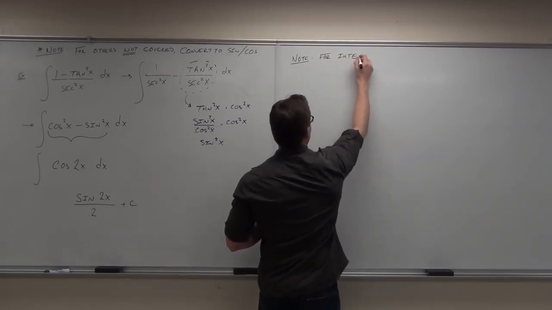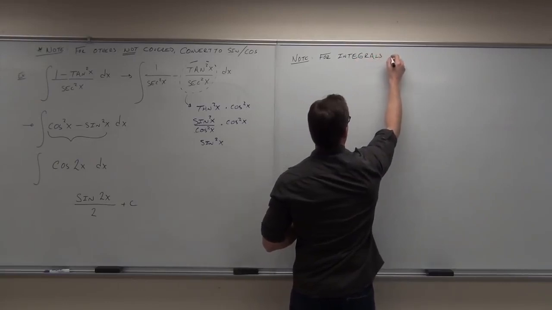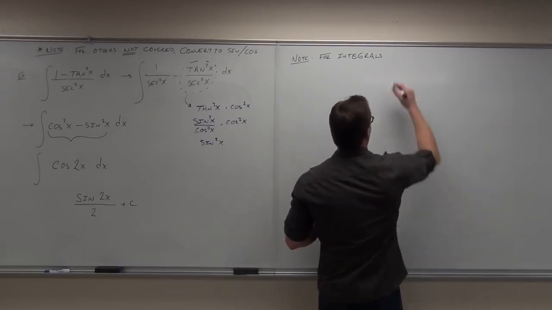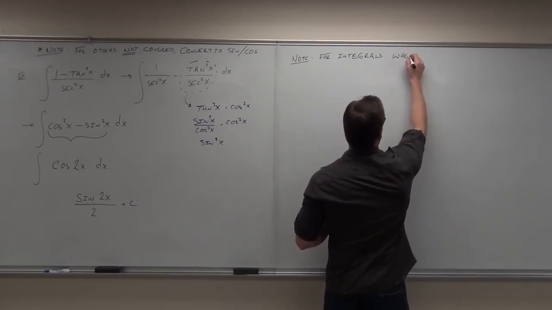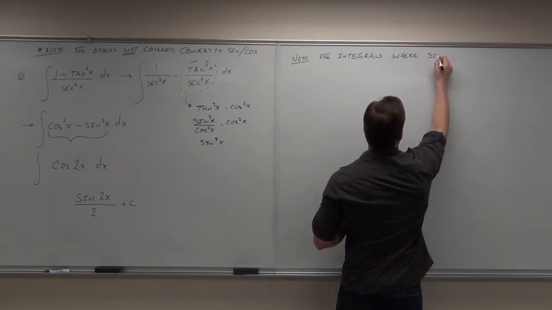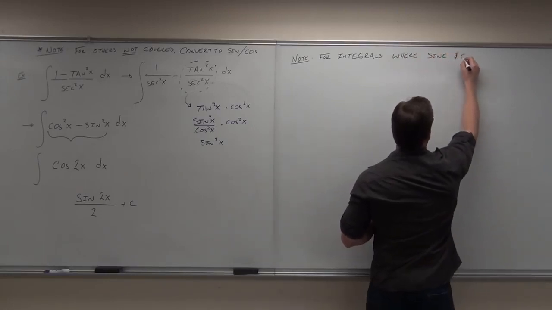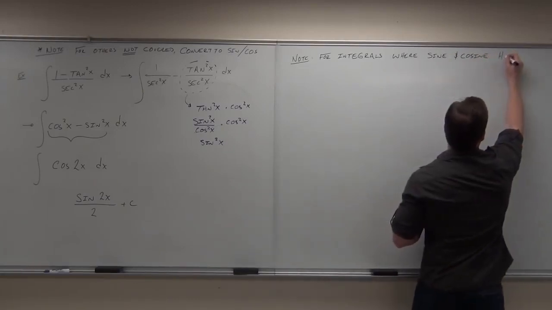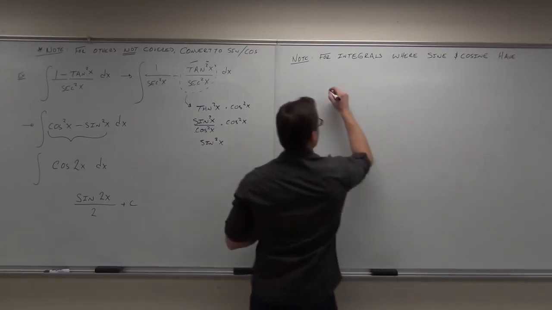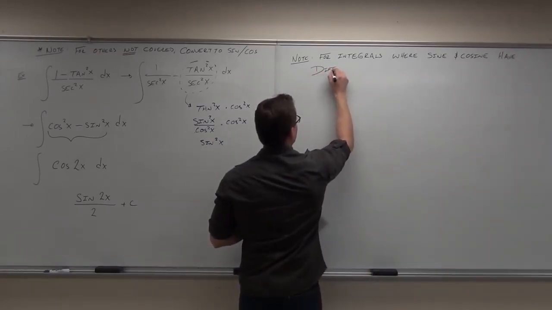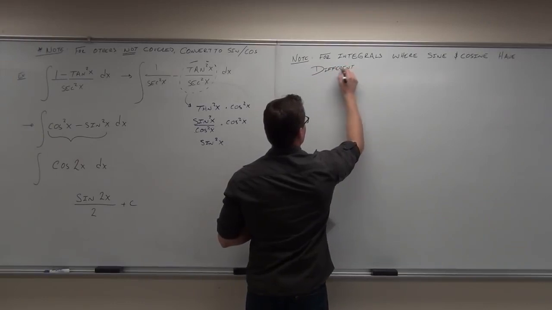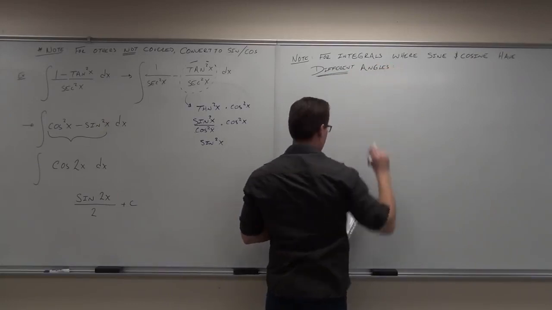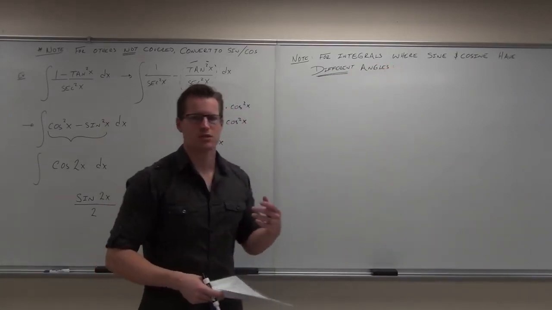So for integrals where sine and cosine have different angles, try using these three identities.